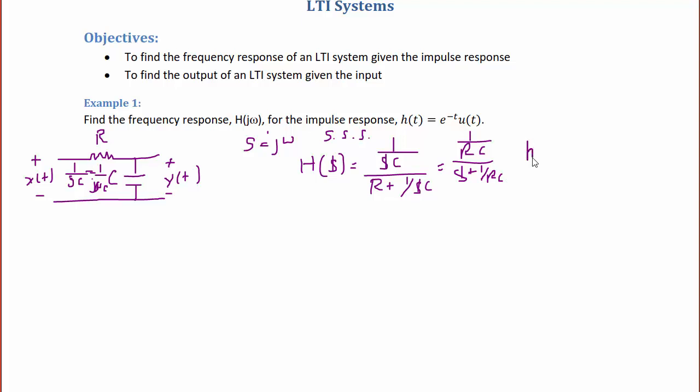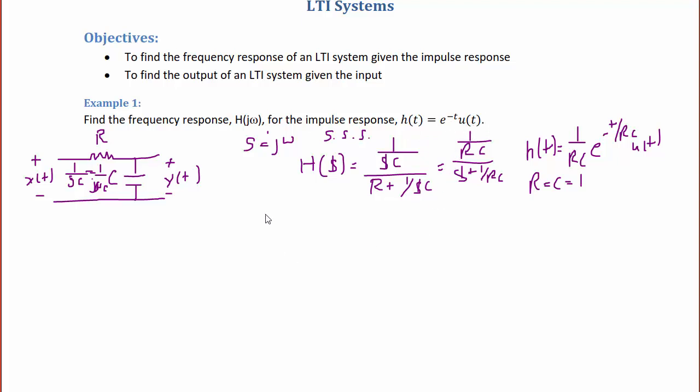Then we would find the impulse response h of t by finding the inverse Laplace transform of 1 over RC, s plus 1 over RC, which gives us 1 over RC, e to the negative t over RC, u of t. So that's the impulse response. And then if R is equal to C, which equals 1, we end up with h of t equals e to the minus t u of t, which was in our problem statement.